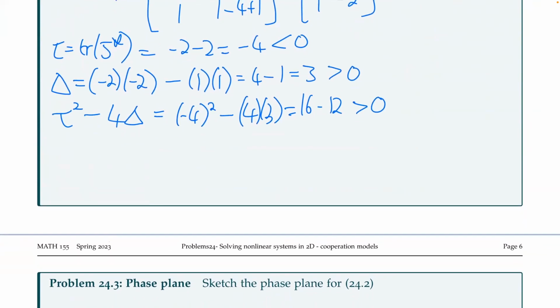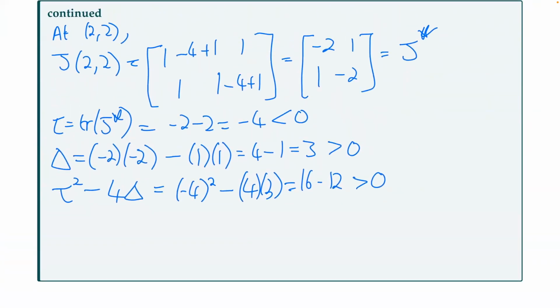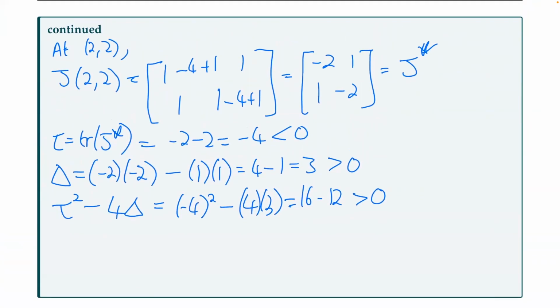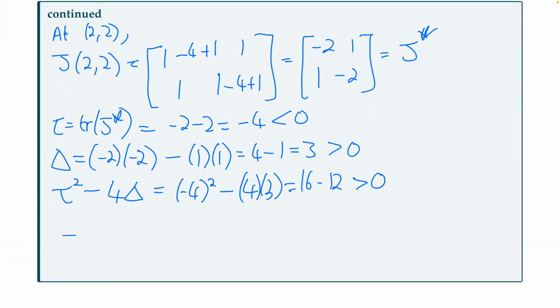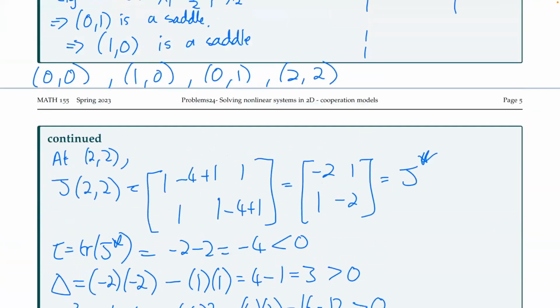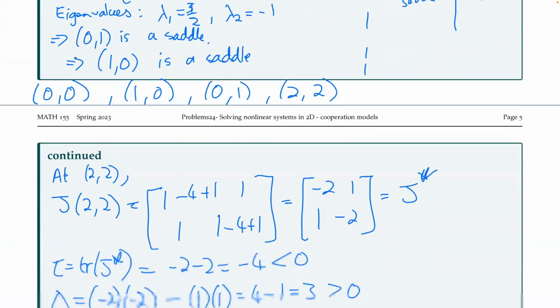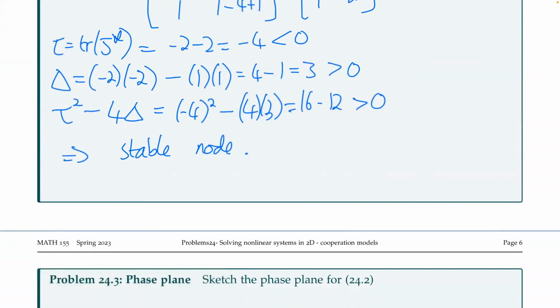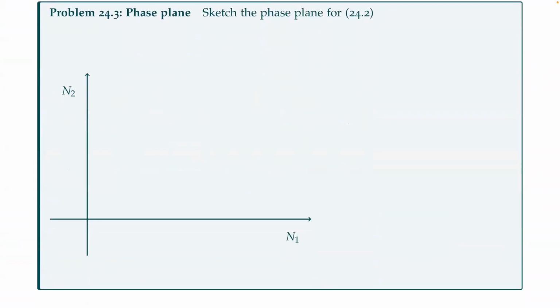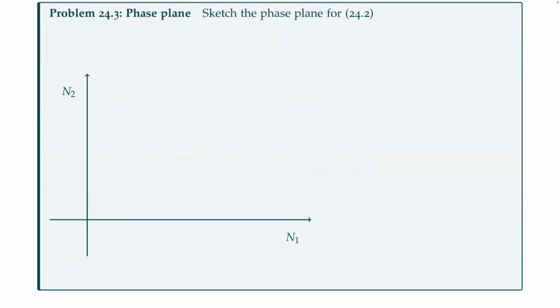So we have real eigenvalues with a negative trace. So we have a stable node. So it's the equivalent of me being in this region. Okay. Strong hint here, nonlinear systems will appear on the final.